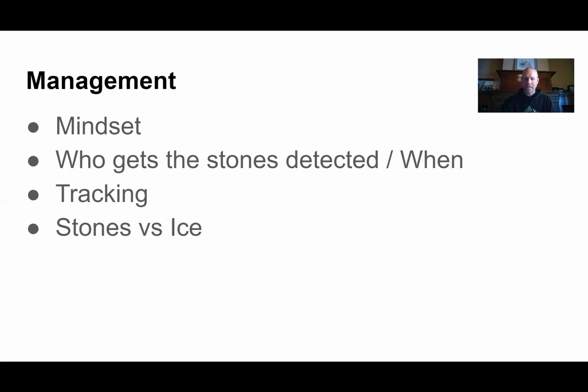So I think that's really important. The mindset part is hugely important. And I think it's also important in discussing our next point, who gets the stones. If you found 1 or 2 that are maybe outliers, how do you deal with them, basically? I think the first point there is who's going to deal with them the best, and a lot of that goes back to the mindset.